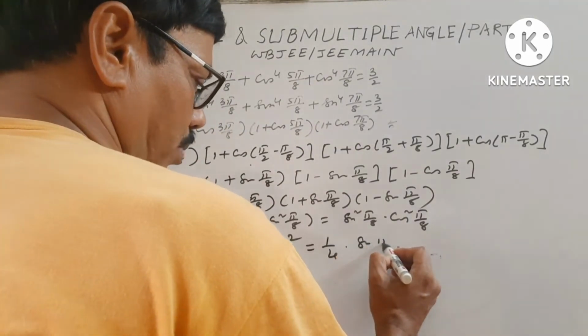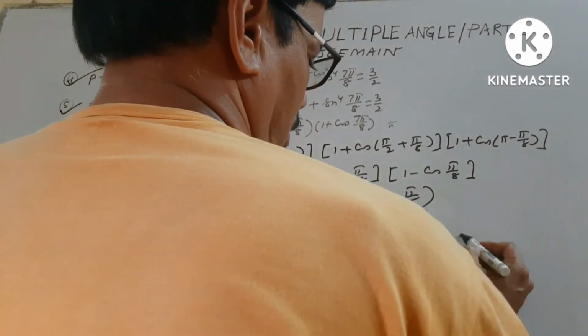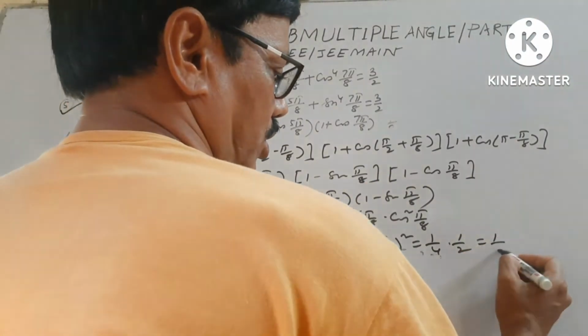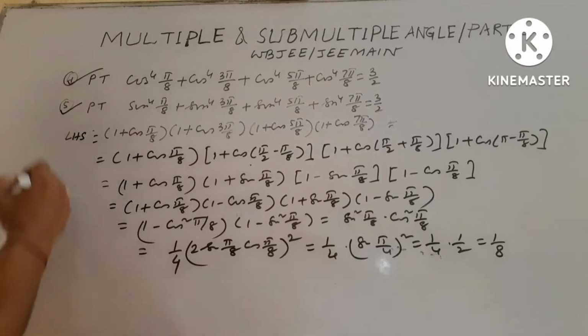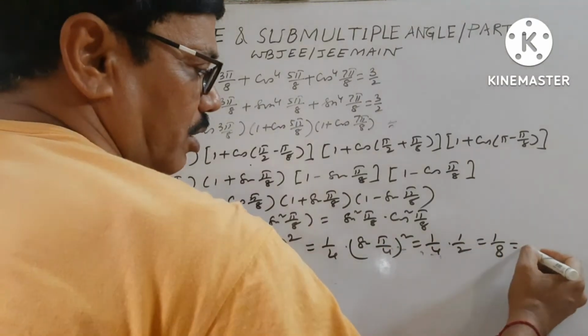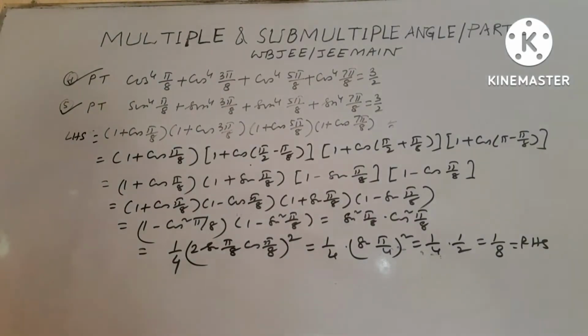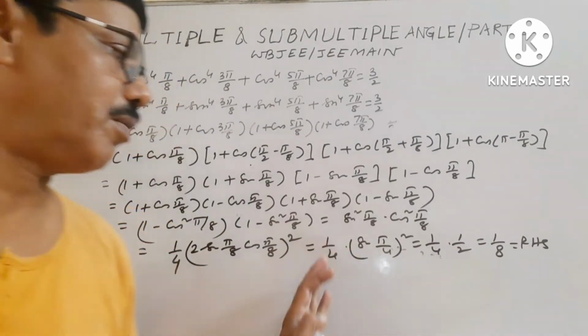This is sin pi by 4 whole square. So 1 by 4 minus half, 1 by root 2 whole square. So this is 1 by 8, which equals the right hand side. So this is the proof, a similar type of problem.